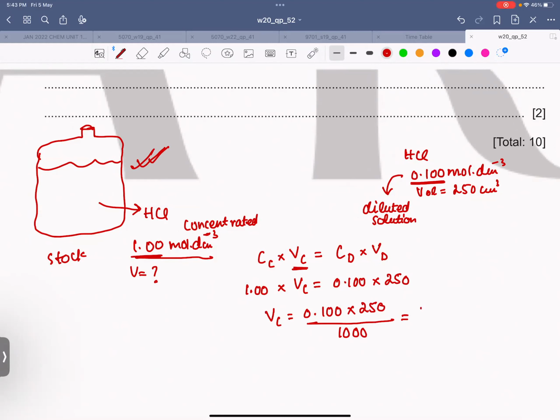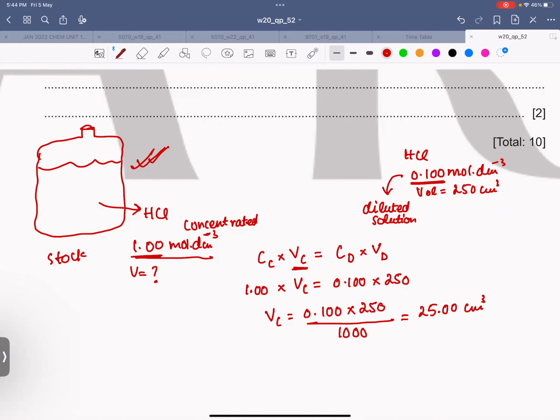Yes, we normally do it in centimeter cube, because the apparatuses or glasswares that we use in the laboratory have a scale in centimeter cube. Like if you are using a burette, it has a maximum value of 50 centimeter cube. When you use a pipette, it has a maximum capacity of 25 centimeter cube.